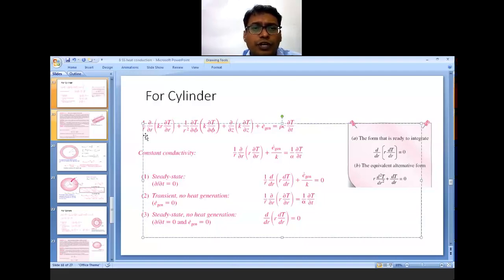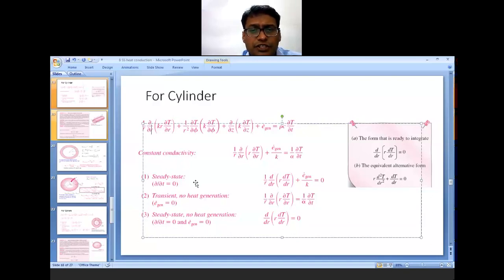Here the first three terms are related to the diffusion, then the generation term, and then the steady state term. So for constant conductivity, the equation reduces, incorporating the k throughout as the uniform k.